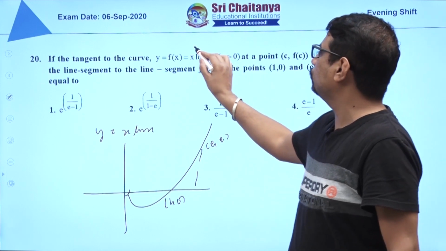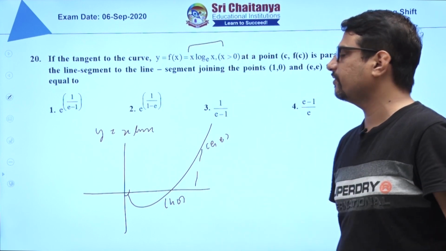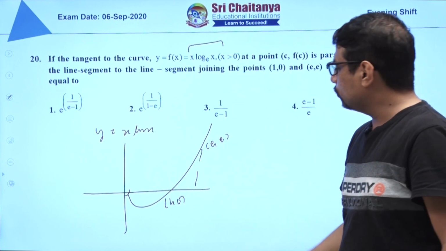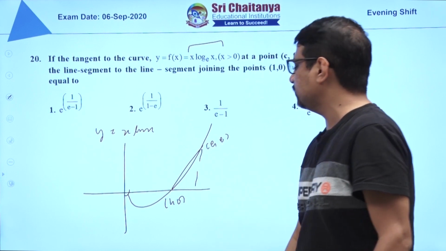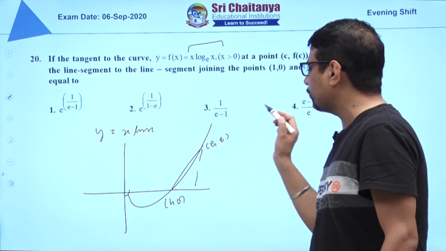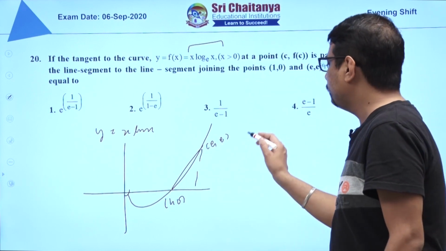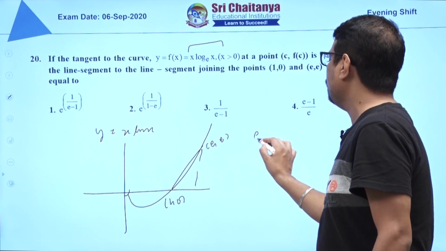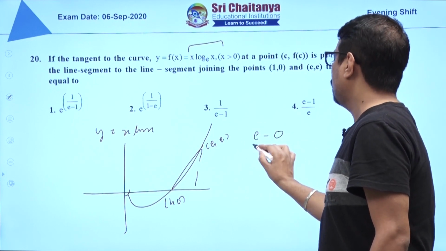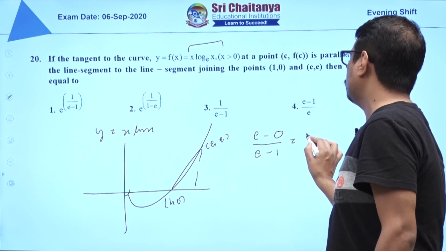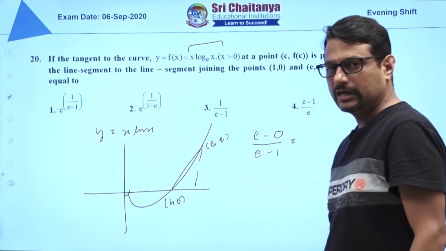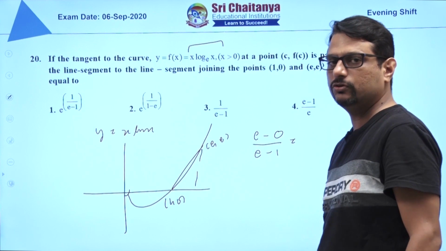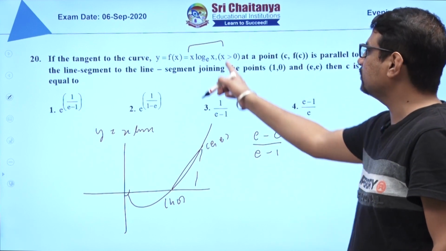The only thing that you need to know here is that this is continuous and differentiable function in that interval. So in this interval I am going to apply Lagrange's mean value theorem, which will say f of e minus f of 1 upon e minus 1 is equal to f dash of c. There exists at least one c belonging to 1 comma e. F dash of c. What is f dash of c here?